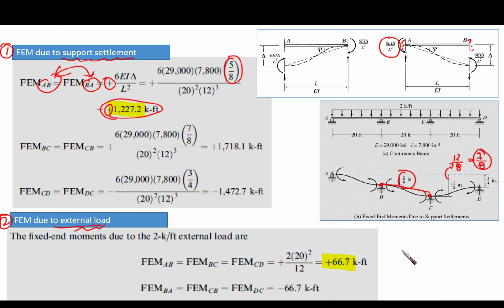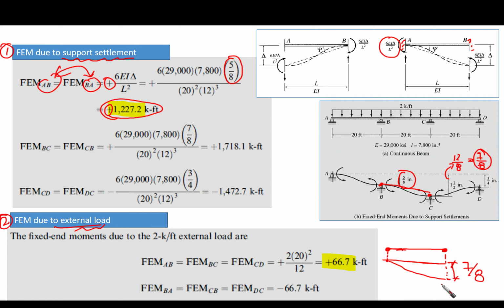So as if we have, this is B and this is C. Here was 5/8, here settlement was 12/8. Then the difference between the two is going to be 7/8.